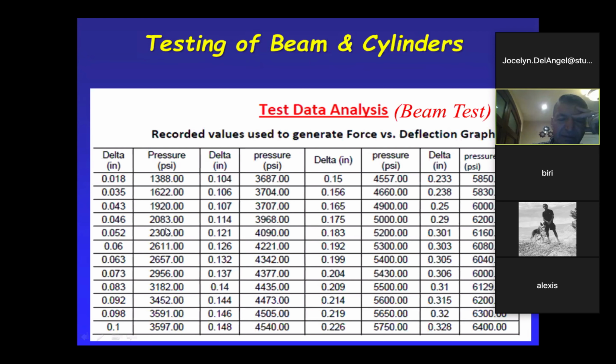Delta, pressure, delta, pressure, continuing. This is the test ongoing, until the beam broke. So the beam broke at a deflection of 0.328 inches, and the maximum pressure was 6,400 psi. See that? Starting from there to there. So this is a good test data that we did in the lab. One of my labs, we did that.